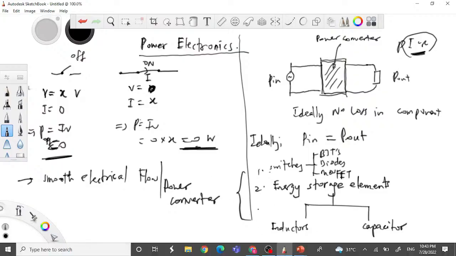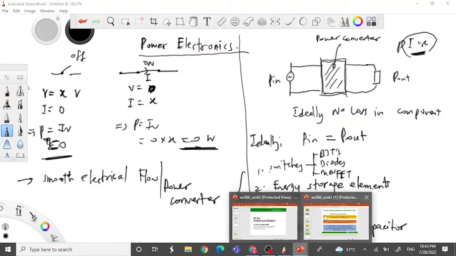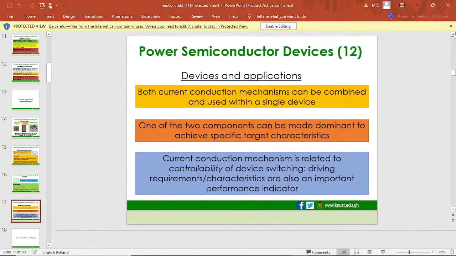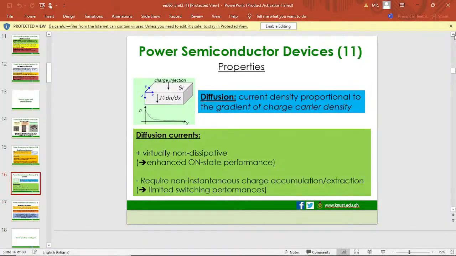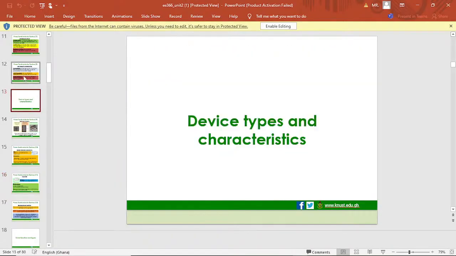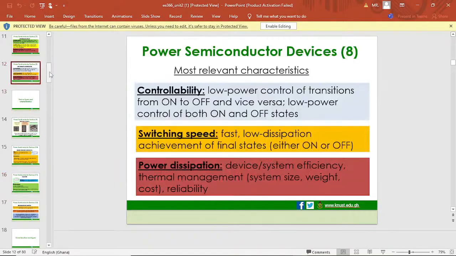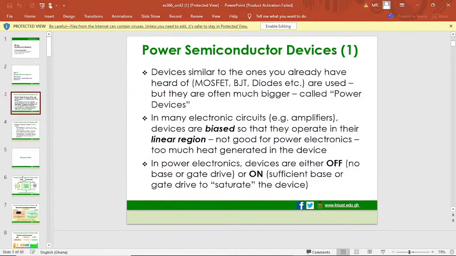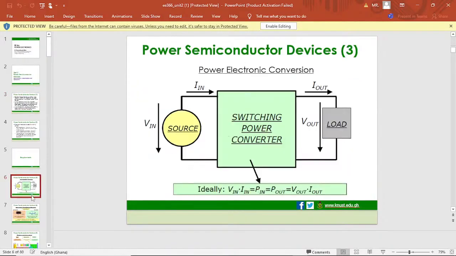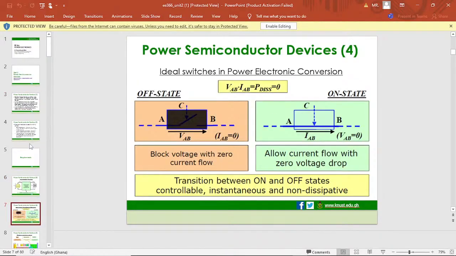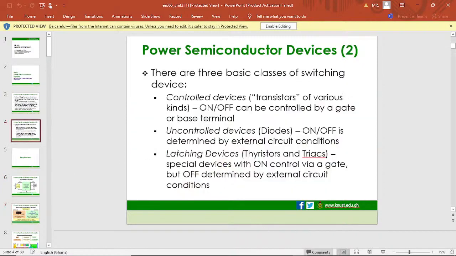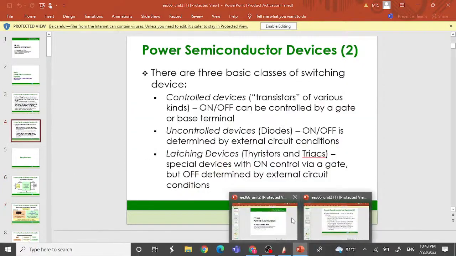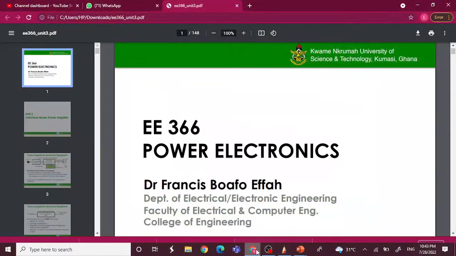Yes. Let me go to the unit one slide. Please take time to do the reading. I'm coming. Let me see. So here you read about power electronics. This is unit two, sorry. This unit two. I'm coming, please. Hold on.